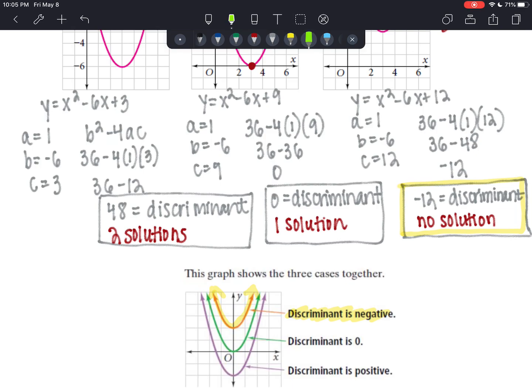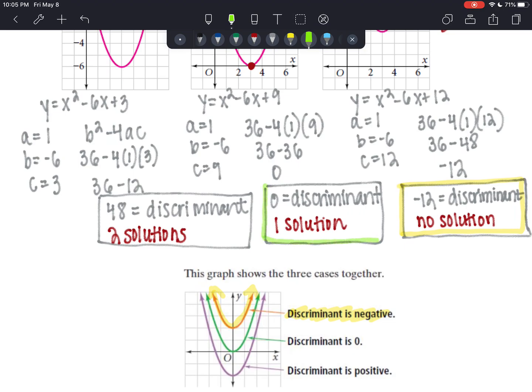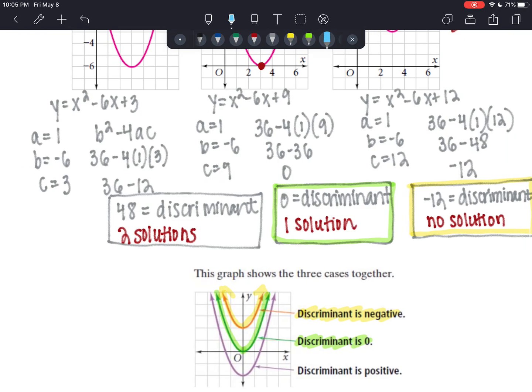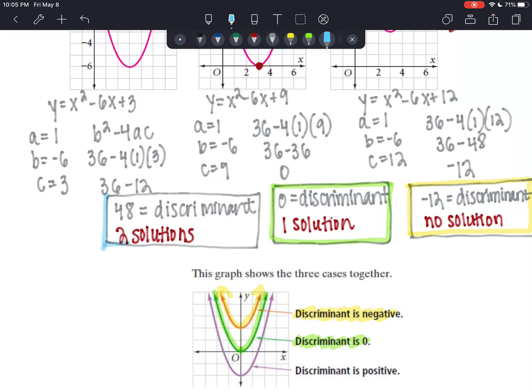When the discriminant is 0, we had a parabola that just touched the x-axis in exactly one location. And when the discriminant was positive, we have two solutions. So let me show you. Here's one for the discriminant being 0, and here's 2 for the discriminant being positive.